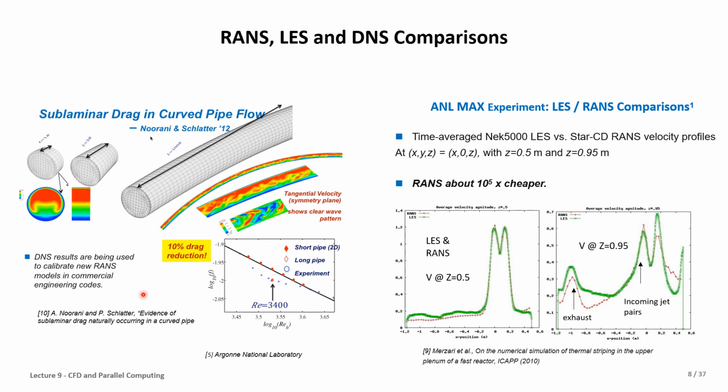And this is another example which shows DNS provides the correct result. However, LES has some deviation, and in this kind of problem, it seems we need to use DNS or LES.